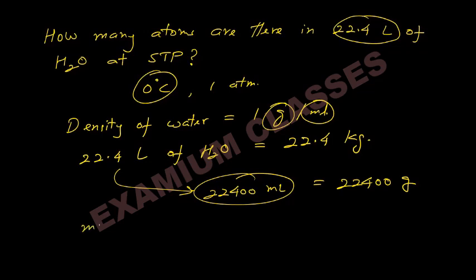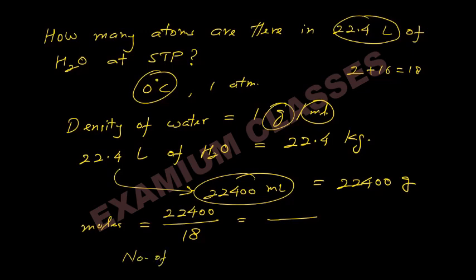From here, you need to calculate the moles. Moles will be given mass upon molar mass of water, that is 18. Molar mass of water is 2 plus 16, that is 18. So from here, you will get number of moles, and number of moles you will multiply by Na, Avogadro number, you will get number of molecules.